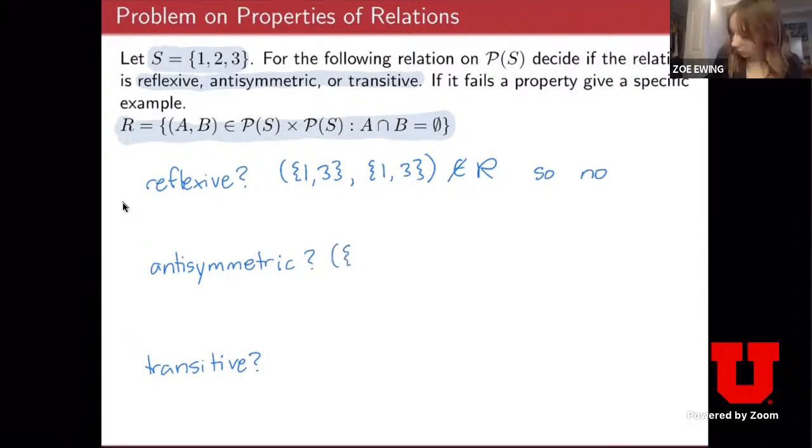So the set 2, if that is in the relation, is 3 related to 2 in the relation as well?